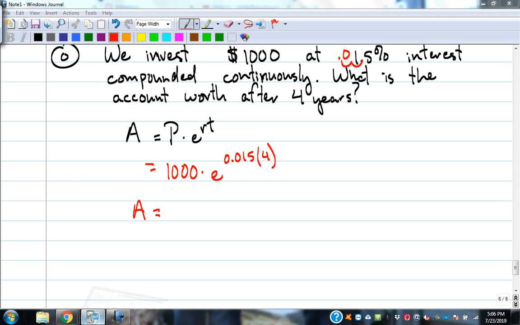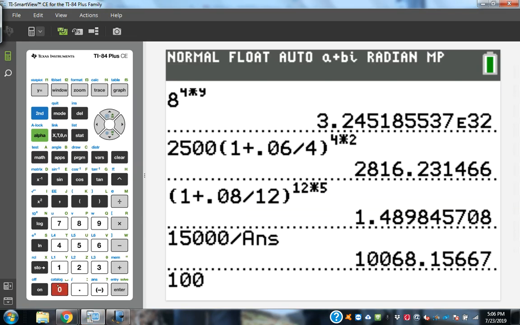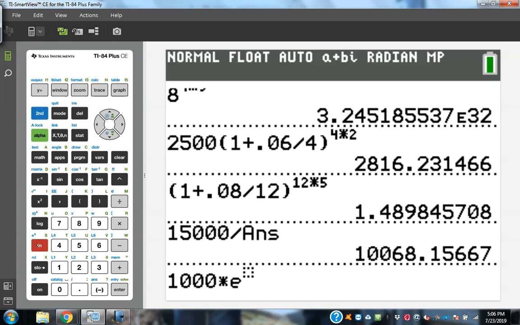So you're going to take 1,000 times e. To get the e with your calculator, this is the important part, I'm going to use this quite a bit this evening: second, and then the LN button gets you the e. Second, LN.